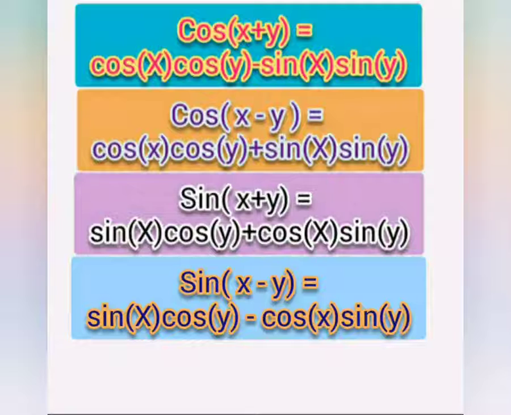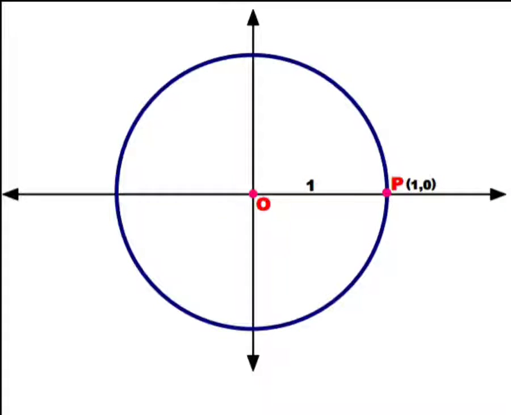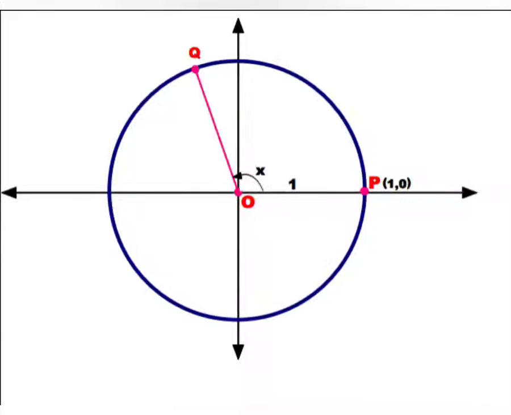For that, we take a unit circle with center at origin and let P be the point where the circle touches x-axis. Then coordinates of P are (1, 0). That is, x coordinate is 1 and y coordinate is 0.